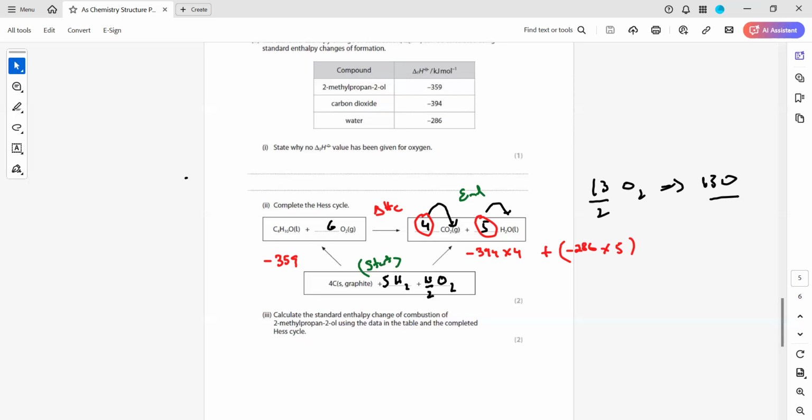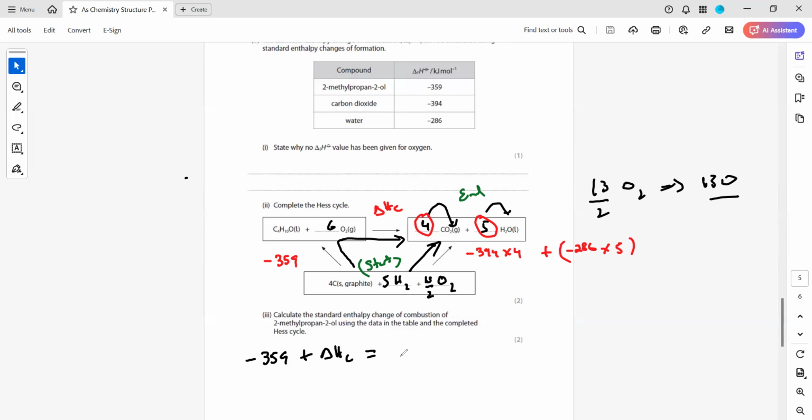So if we follow this route, route 1, or we follow route 2, we'll get the same enthalpy change, energy. So it will be minus, this route energy is 359 plus the enthalpy change of combustion.